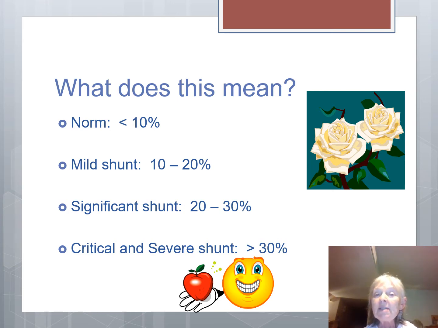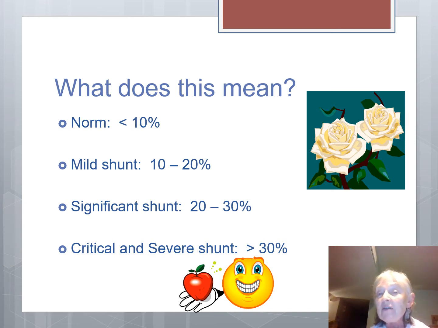There is an indicator for support here. The indicator for support for the QS/QT is anything greater than 15 to 20%. Let me repeat that again. The indicator for support for the QS/QT is between 15 to 20%.